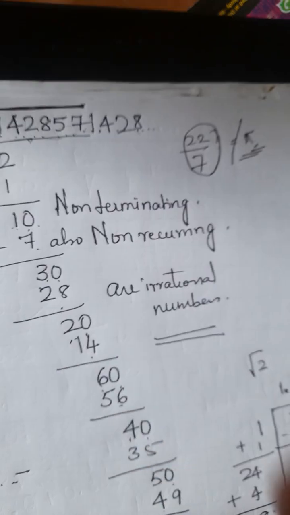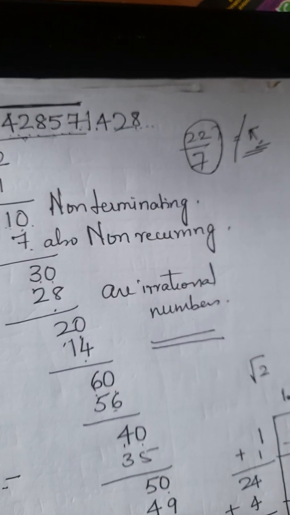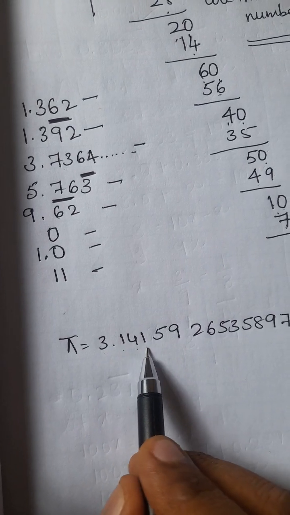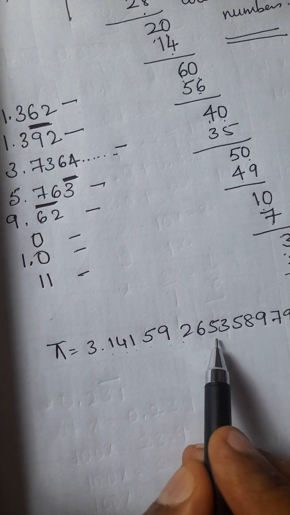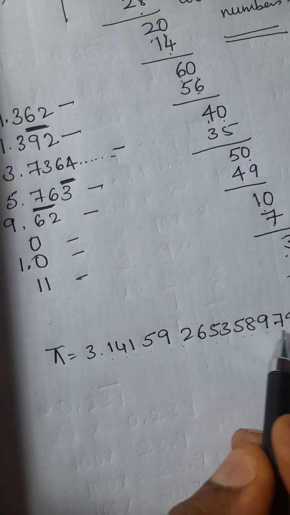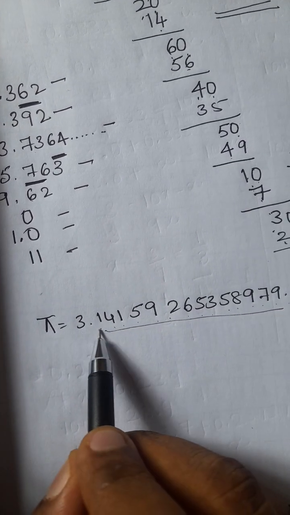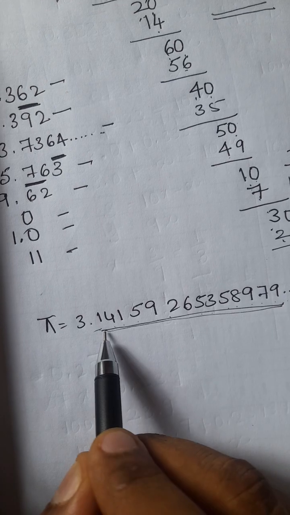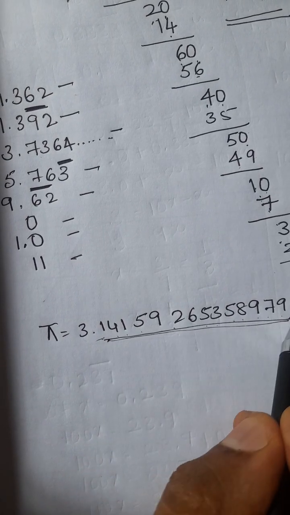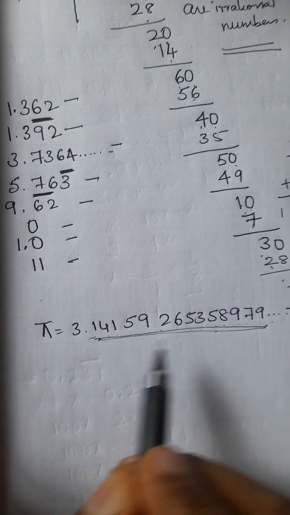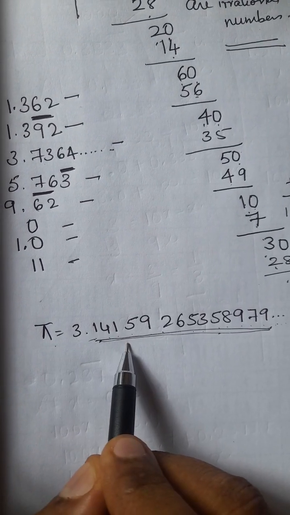The exact value of pi is 3.141592653589793 and so on. You see, nothing is repeating here. It is not terminating, nor is it recurring. That is why pi qualifies to be an irrational number.